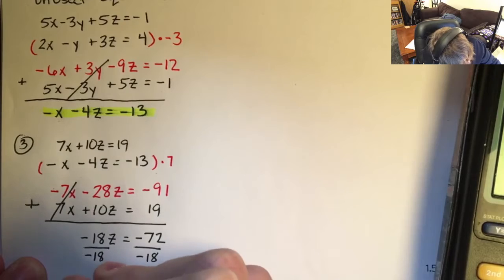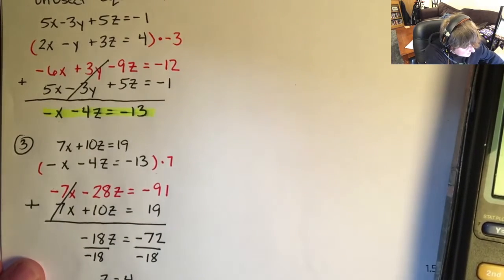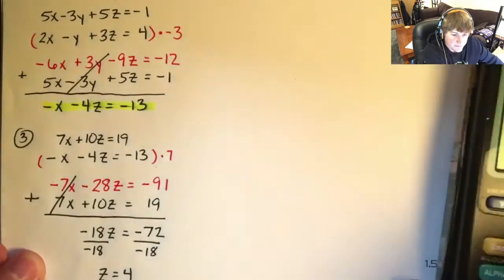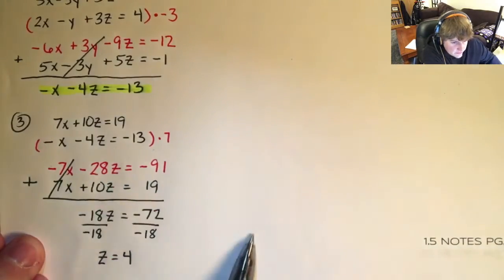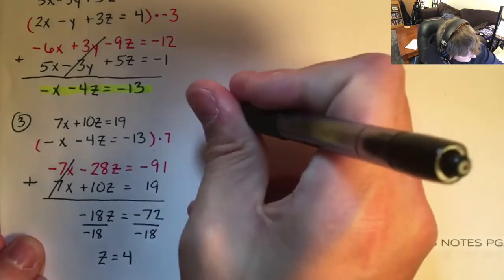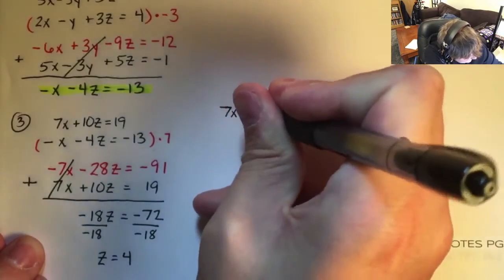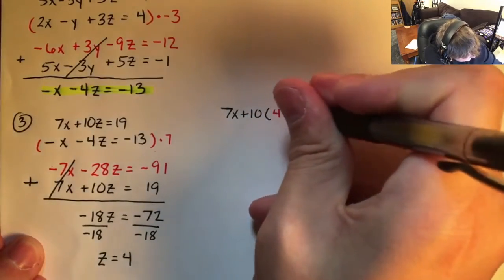Okay, and then z is equal to 4. So now that I have what z is equal to, I can just take one of these two highlighted equations and plug it in. So I'm just going to continue my work right up over here. I'm going to say that 7x plus 10 times, well, z is 4, is equal to 19.